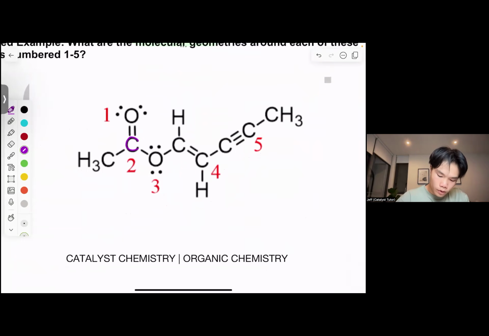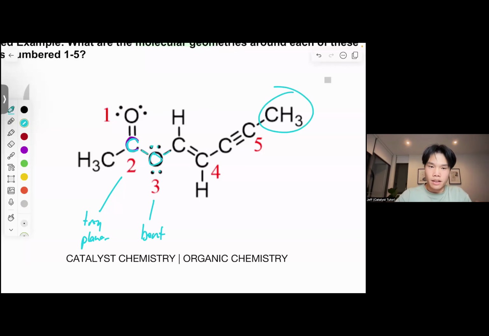For number 2, what is the molecular geometry around carbon 2? Trig planar. Good. What about number 3? Bent, because there's two lone pairs and two bonds. And then what about CH3 on the end?